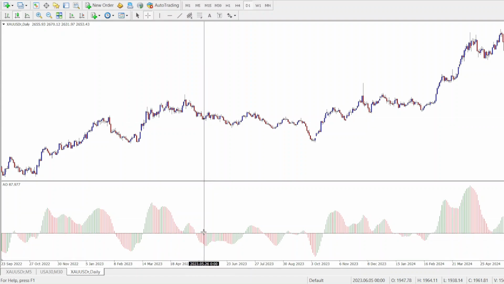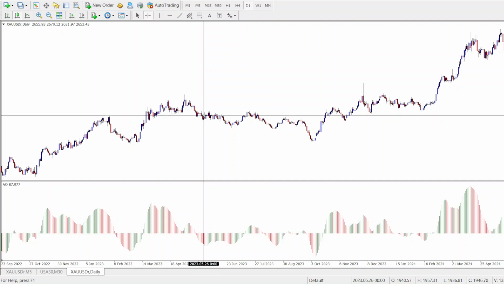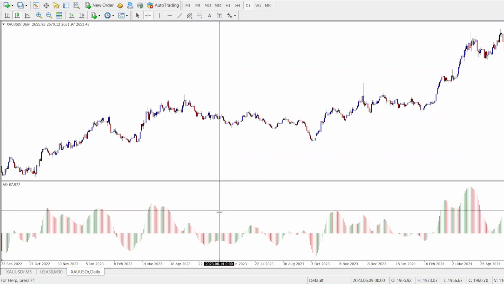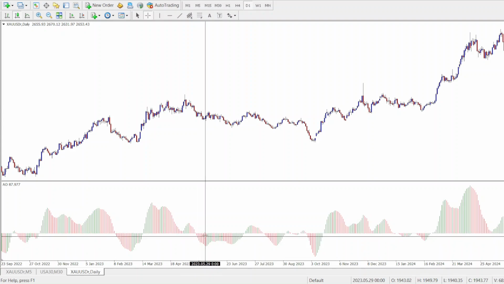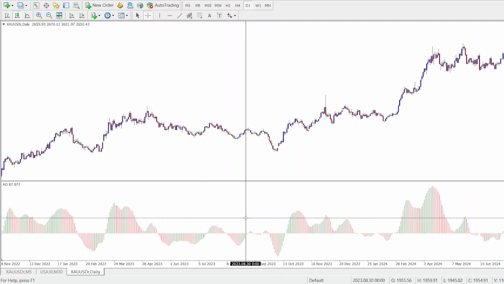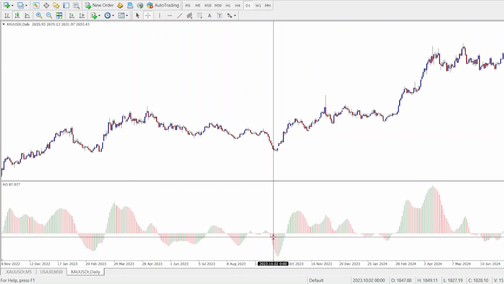As you can see, the length of these red lines were not long, so the bearish momentum was not strong. So you can either scalp when you see short red lines, or if you want to hold for long, then you might want to wait for longer red lines like this.